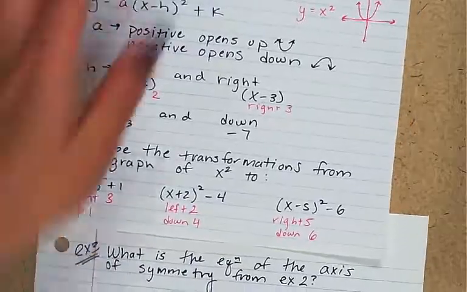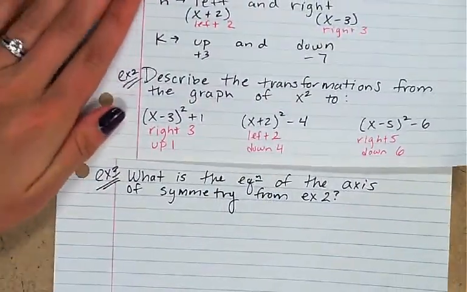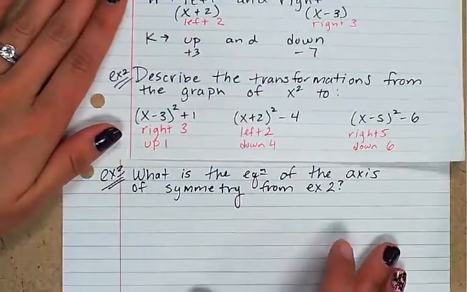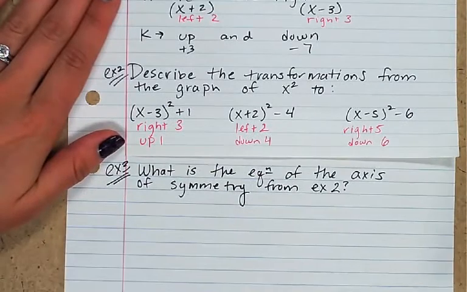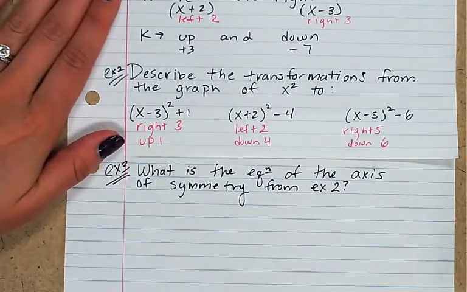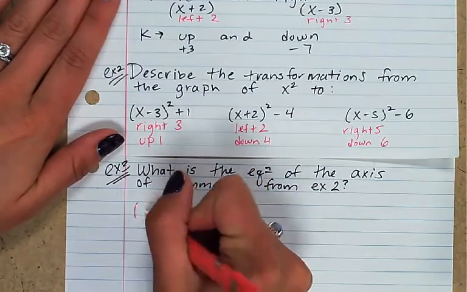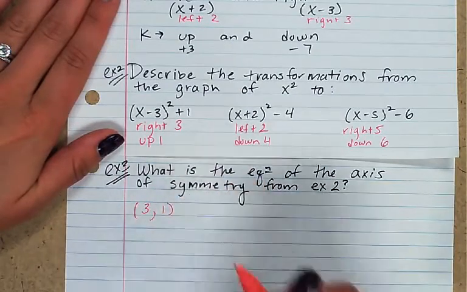Our last example here says, what is the equation of the axis of symmetry for the examples in example 2? The axis of symmetry is you write x equals whatever the x coordinate of the vertex is. So for this first one, the vertex, opposite of the inside, exactly the outside.